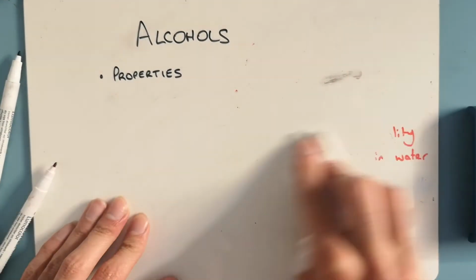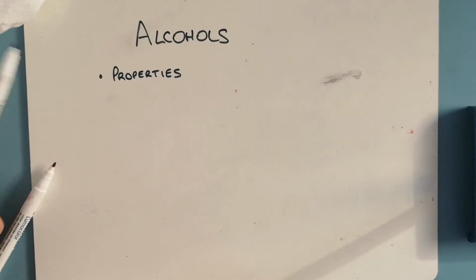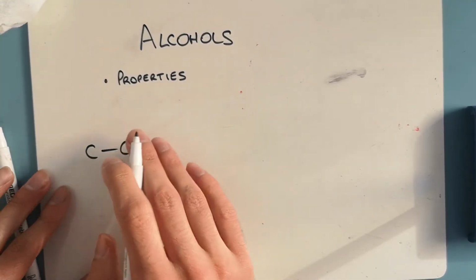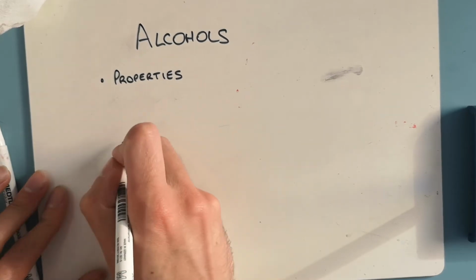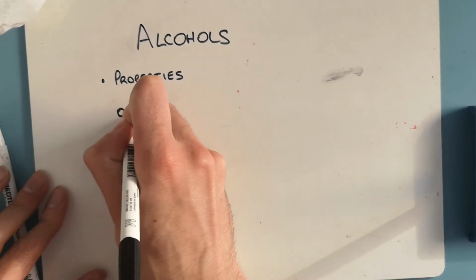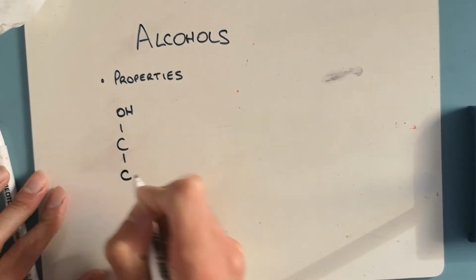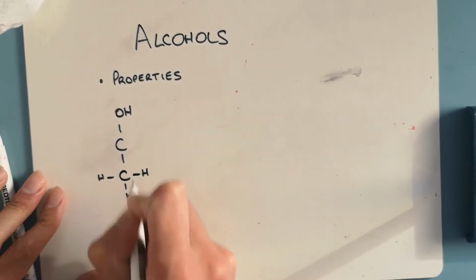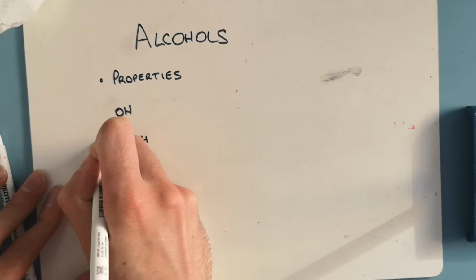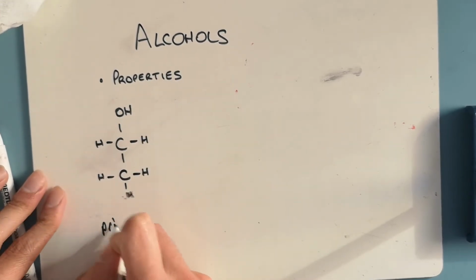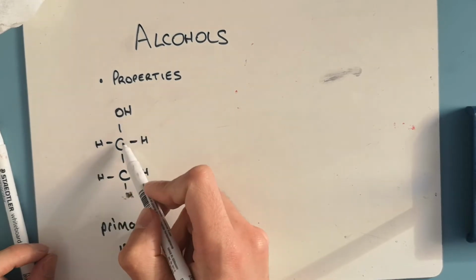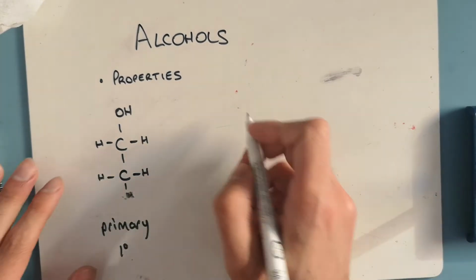Okay, we have three types of alcohols. We have primary, secondary and tertiary. So a primary alcohol is one we've just seen. I'll draw this slightly differently now. So we have our OH group on a carbon, and the carbon is bonded to one other carbon. So this is our primary. We see our alcohol carbon, that is bonded to one other carbon.